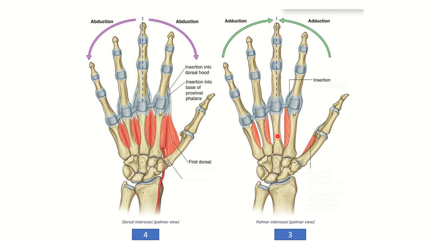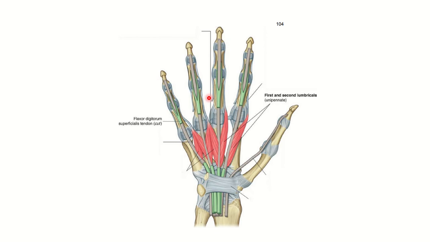It is one of the MRCS questions: the palmar interossei are absent in which finger? It is the middle finger. So the dorsal and palmar interossei are intrinsic muscles of the hand.